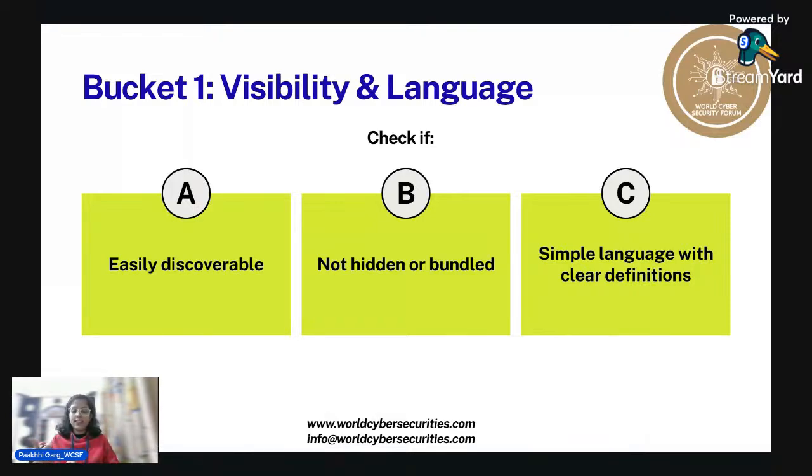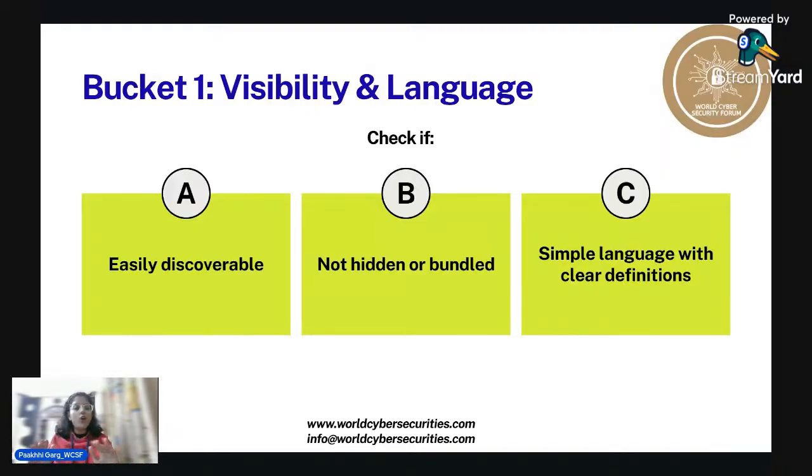Number 1, easily discoverable. If you have to nudge or search a lot for a privacy policy on a website, that's the biggest red flag. Generally, privacy notices are placed at the footer. But if you can't see them there, just use Ctrl+F and write privacy. Maybe at some location you will find it.